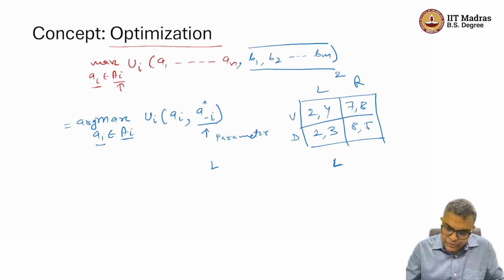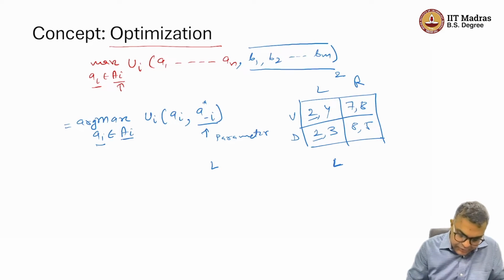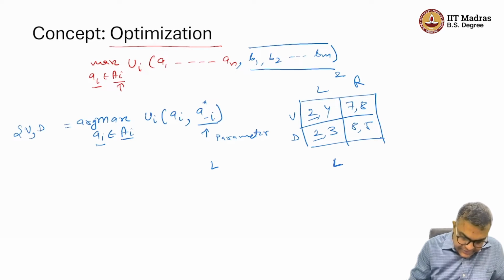What is the best that player 1 can do? Play U or play D, because both give the same maximum, and no other option is available. So when we write argmax here, we will get U and D both.